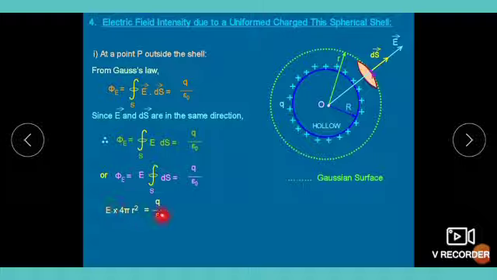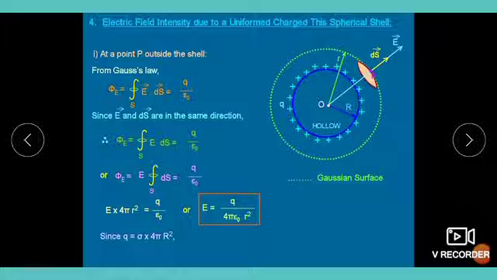So E times 4 pi r square equals Q by epsilon naught, and E is equal to 1 by 4 pi epsilon naught times q by r square. This is just like a point source.